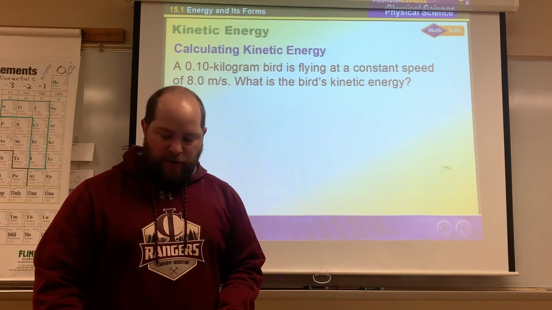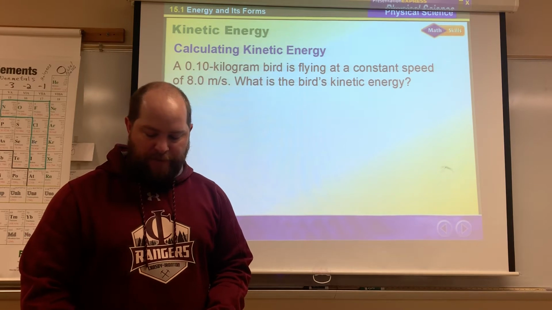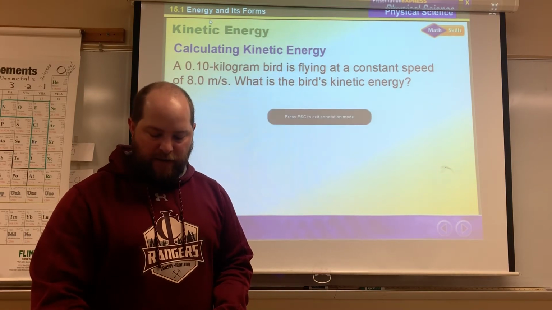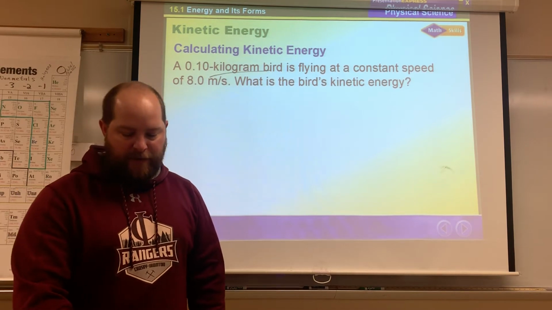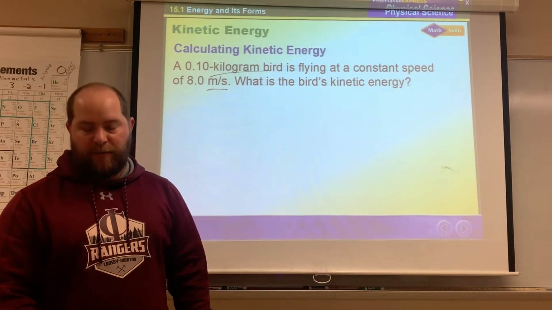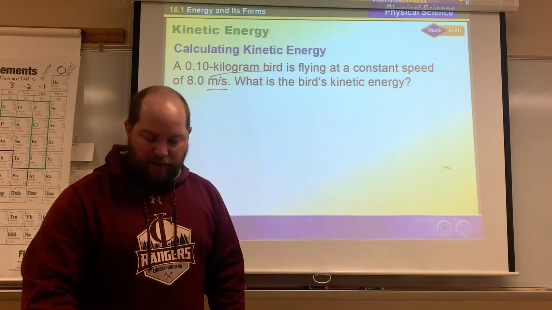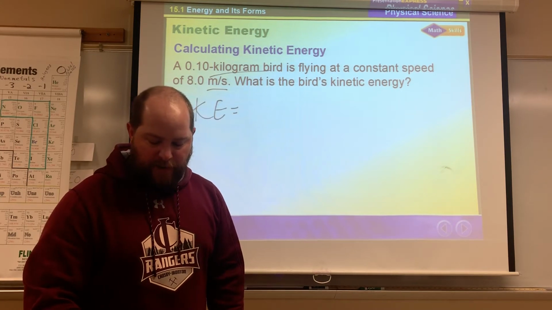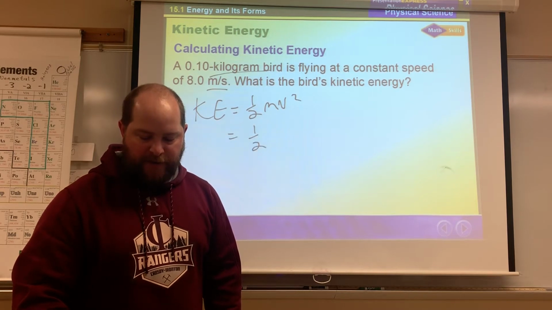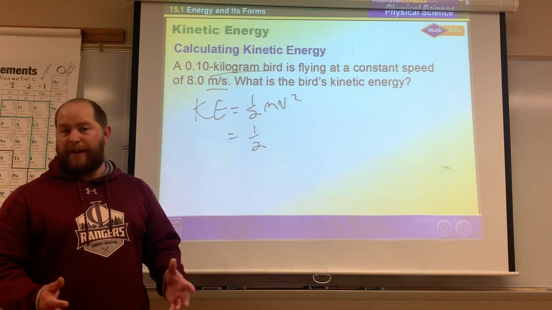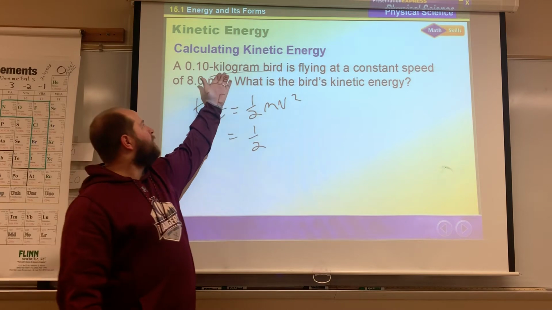All right, so let's look at this problem right here. We have a 0.1 kilogram bird flying at a constant speed of 8 meters per second. What is the bird's kinetic energy? So kinetic energy equals 1/2 mv squared. Pretty easy formula to work with. Just make sure your units are good. Kilogram, yep.